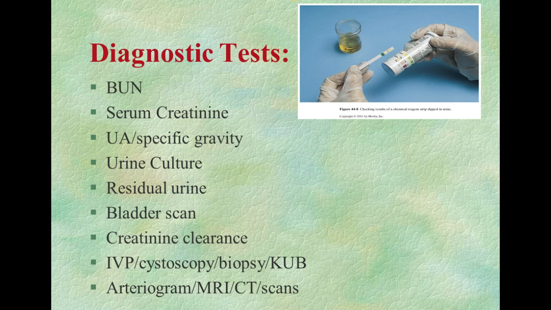Creatinine clearance is a 24-hour urine sample. It looks at how effectively the kidneys clear creatinine. And then the final two rows are tests and studies to evaluate for functions and abnormalities.